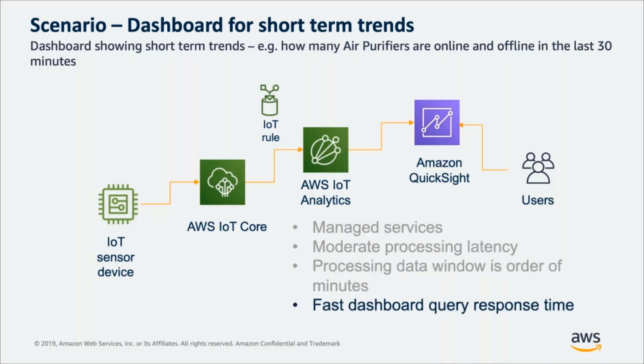And finally, you have very fast dashboard query response time because your data is available already for visualization in QuickSight, and the data is rendered pretty quickly when the users view it through the dashboard. So in this scenario, you have a dashboard that's built in a managed BI service, and your analytic logic can easily be modified in AWS IoT Analytics as your requirements change.